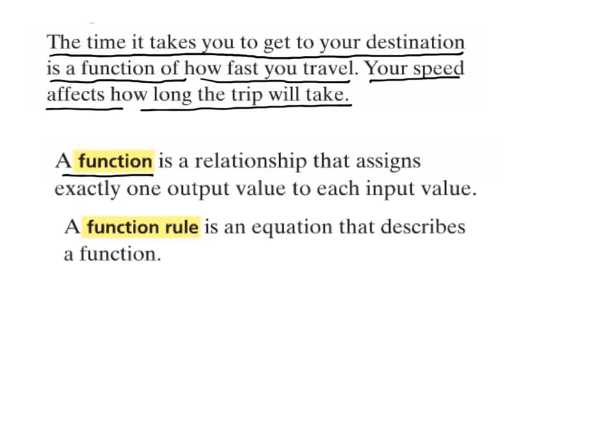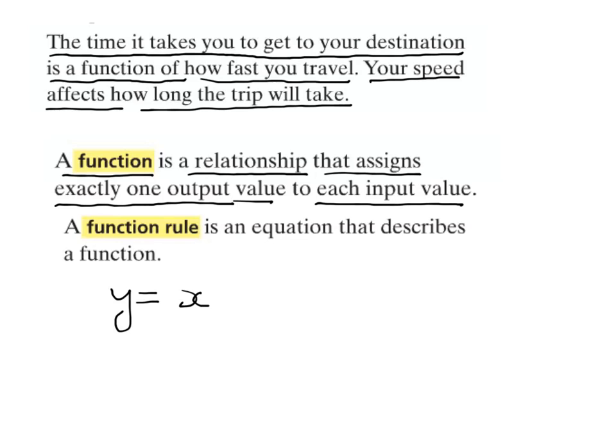A function is a relationship that assigns exactly one output value to each input value. For example, let us take this: y is equal to x plus 5. Now let us see what is the relationship between x and y.